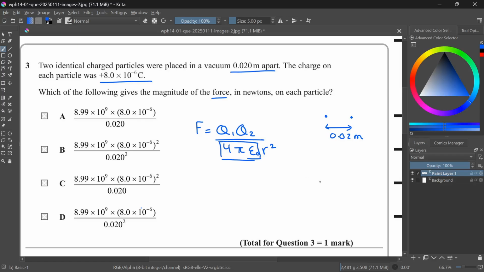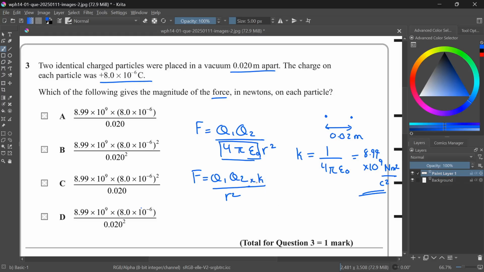The symbol for it is K, and it replaces 1 by 4 pi permittivity of free space with the value of 8.99 times 10 raised to power 9, newton meter square by coulomb square. So we will be replacing it here, and it will become F is equal to K times Q1 times Q2 by r square. Okay, the Coulomb's law constant.